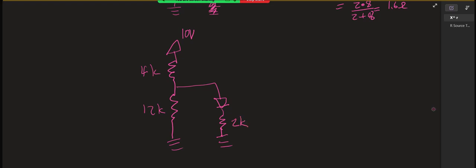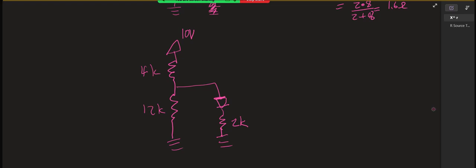Okay, so I've got this one, and I'm going to use the constant voltage drop model to find the current through the 3 resistors on this one. The first thing I want to do is find the Thevenin equivalent as seen from the diode's anode.